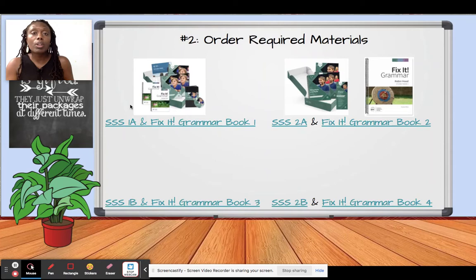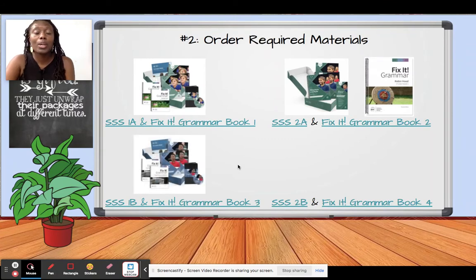I do require that the parents have the teacher guide because when your students are asking you questions, you will have what I have, and it will allow you to answer any questions, especially for Fix It Grammar. If they need to reference the answers, they're able to reference those answers at home after they have tried to fix the grammar sentences on their own.